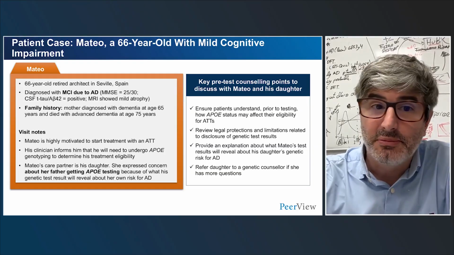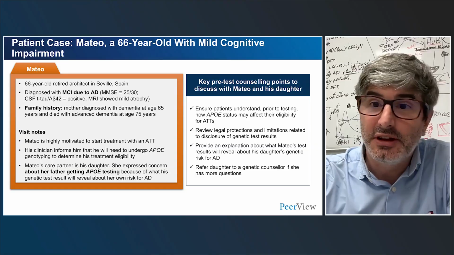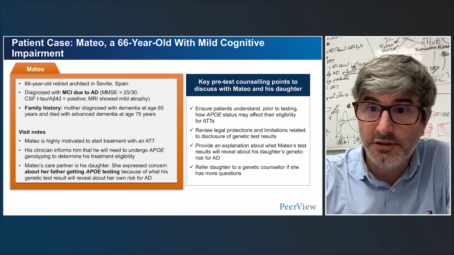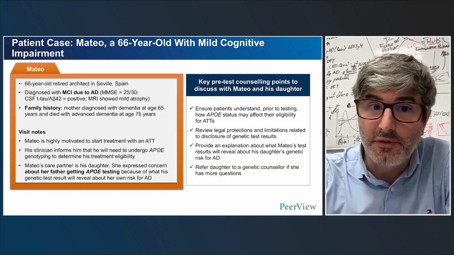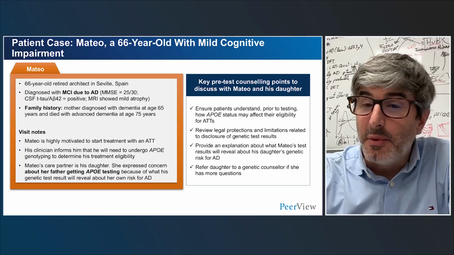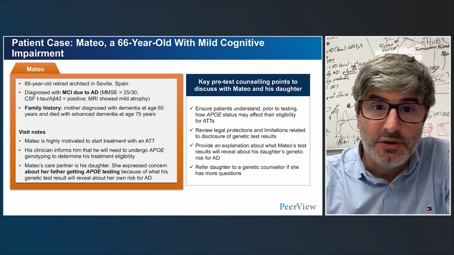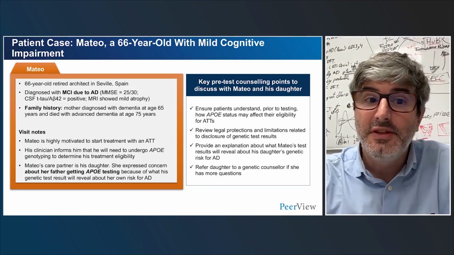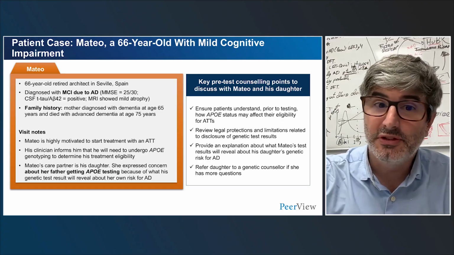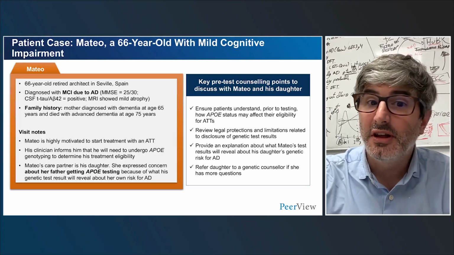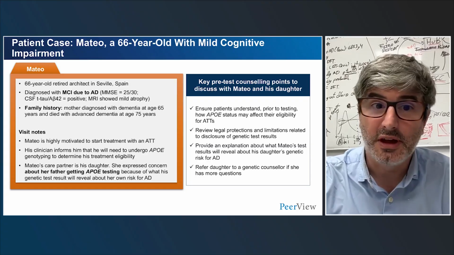He has been recently diagnosed with MCI due to AD, with a Mini-Mental State Examination of 25/30 and a positive CSF ratio confirming the AD pathophysiology. The MRI showed mild atrophy and no other major findings. The family did have a positive family history of Alzheimer's or dementia. His mother developed dementia at age 65 and died at the age of 75 with advanced dementia.